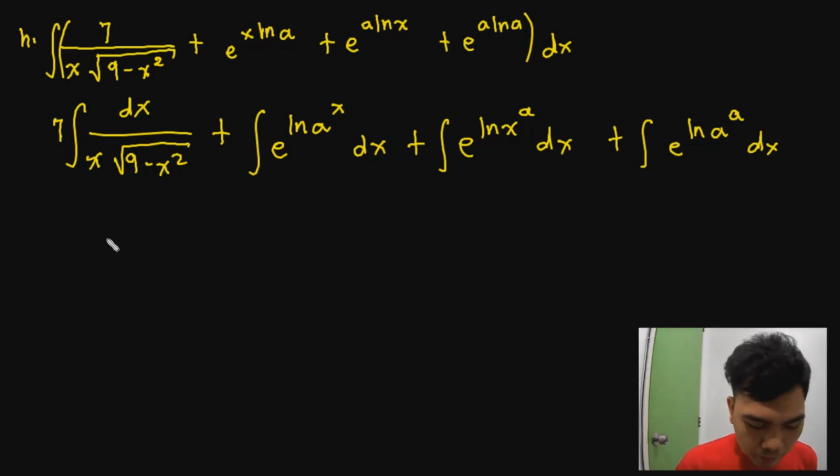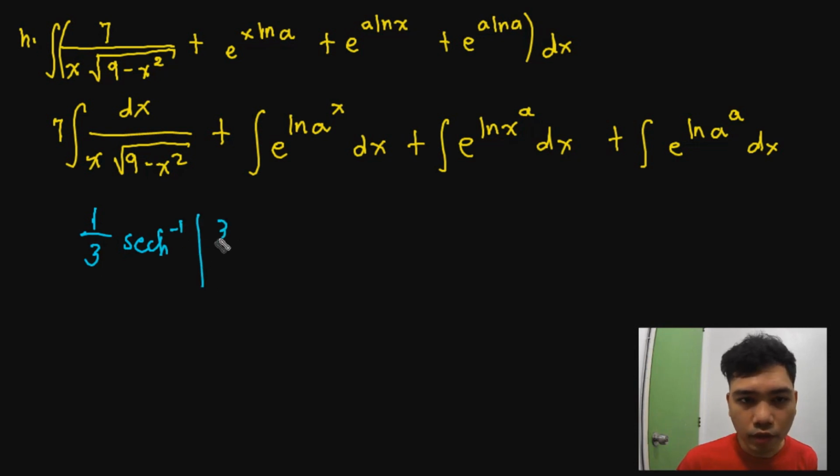Now this makes the answer equal to 1 over a, so that is 1 over 3, and then the inverse hyperbolic secant of x over a, so let us use the absolute value of x over 3.